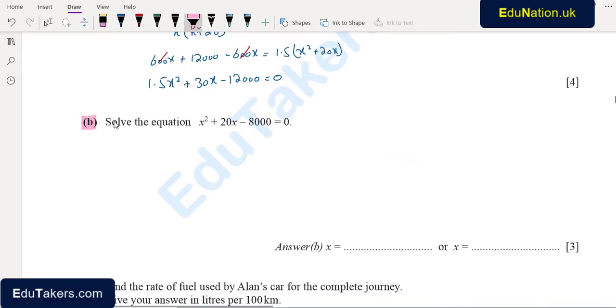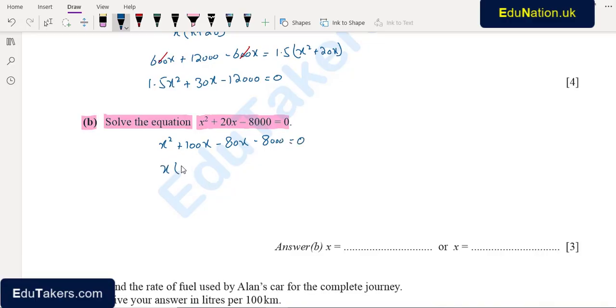Next is part B. Solve the equation x square plus 20x minus 8000 is equal to 0. We will make its factors. It will be x square plus 100x minus 80x minus 8000 equals 0.